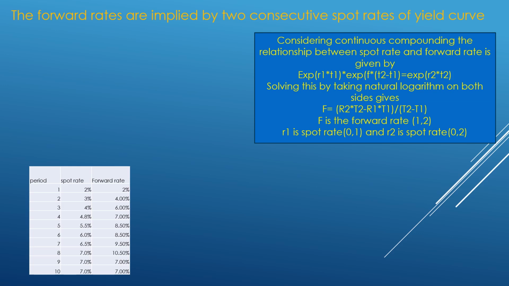Here the exponential method is used as the compounding method is continuous. Solving this by taking natural logarithm on both sides gives the following: forward rate equals R2 times T2 minus R1 times T1, divided by T2 minus T1. F is the forward rate 1,2. R1 is the spot rate 0,1 and R2 is the spot rate 0,2.